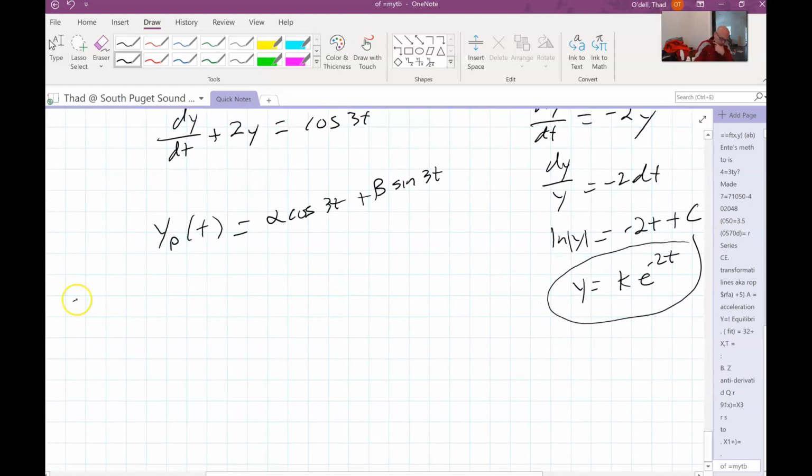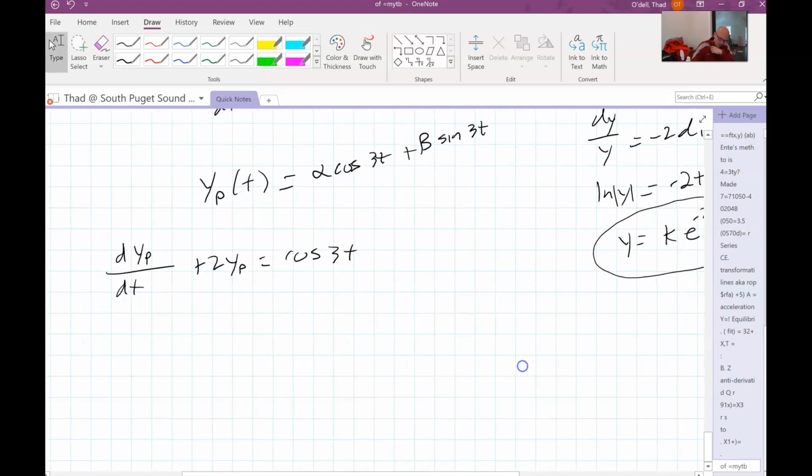So of course this is going to be the derivative of y sub p, dy_p/dt. We'll just leave it in explicit form. Plus 2 times y sub p is equal to cosine 3t. So let's fill that in. The derivative of that would be negative 3 alpha sine 3t plus 3 beta cosine 3t.